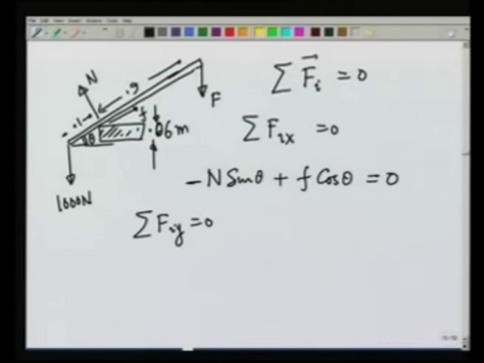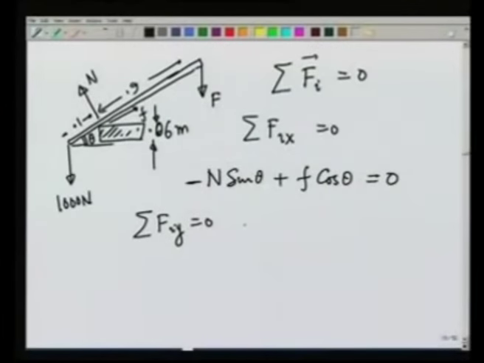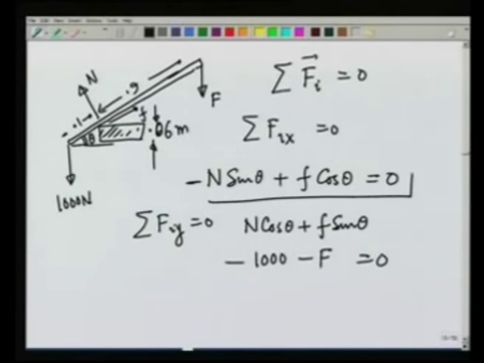This comes basically by writing force in terms of i and j and making each component of the vector 0. This gives me N cosine of theta plus F sine of theta minus 1000 minus F is equal to 0. So, these are the two conditions for the force balance.